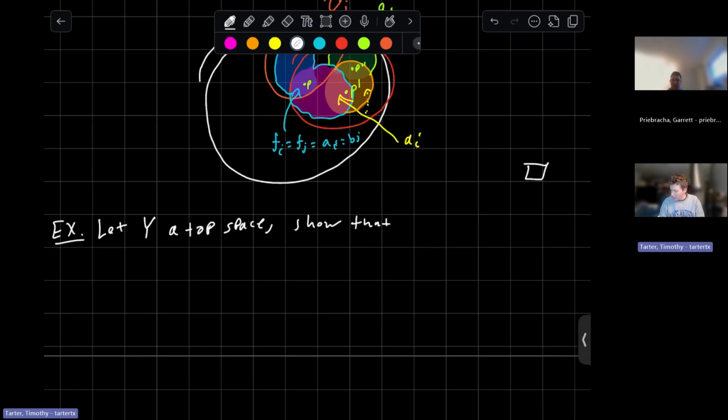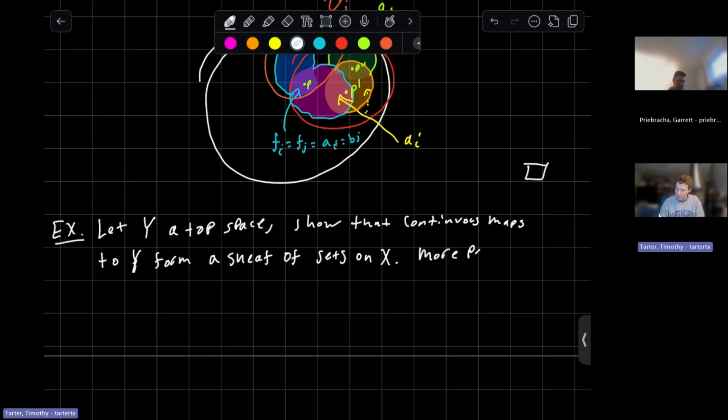Show that the set of continuous maps to Y form a sheaf of sets on X. More precisely, for every U open in X, we associate the continuous maps from U to Y.